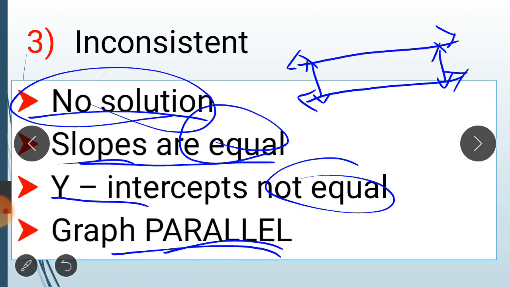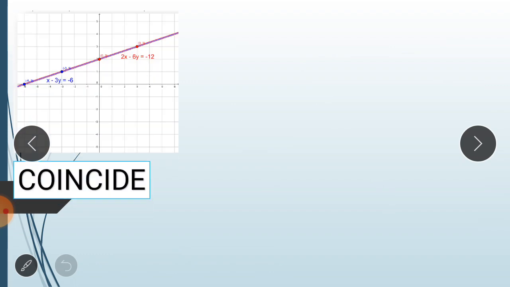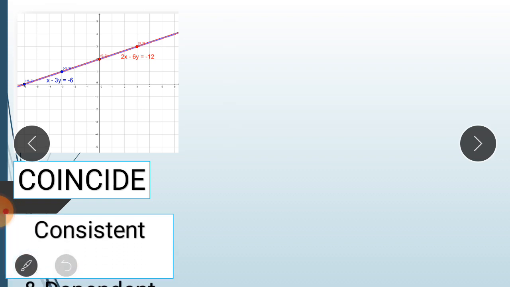So, the definition of the 3 kinds of systems. The first graph here shows coincide. When the graph is coincide, what kind of system do we have? 3, 2, 1. When you have coincide lines, that means it is consistent and dependent.